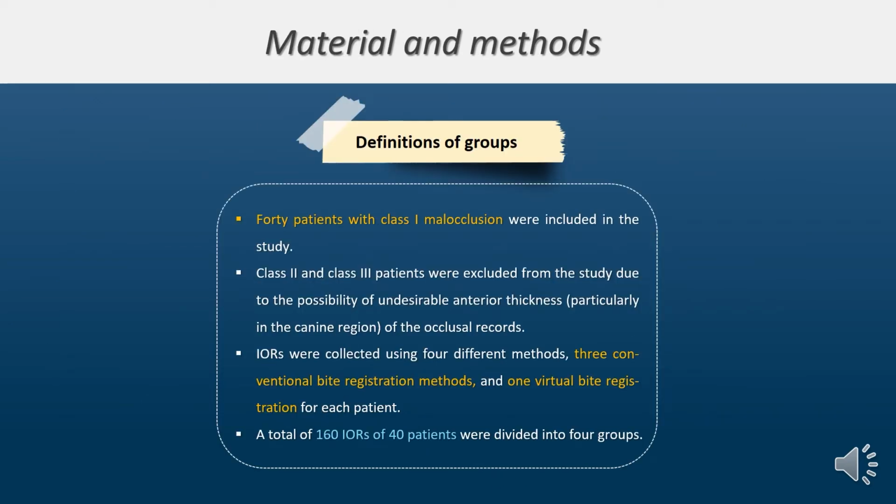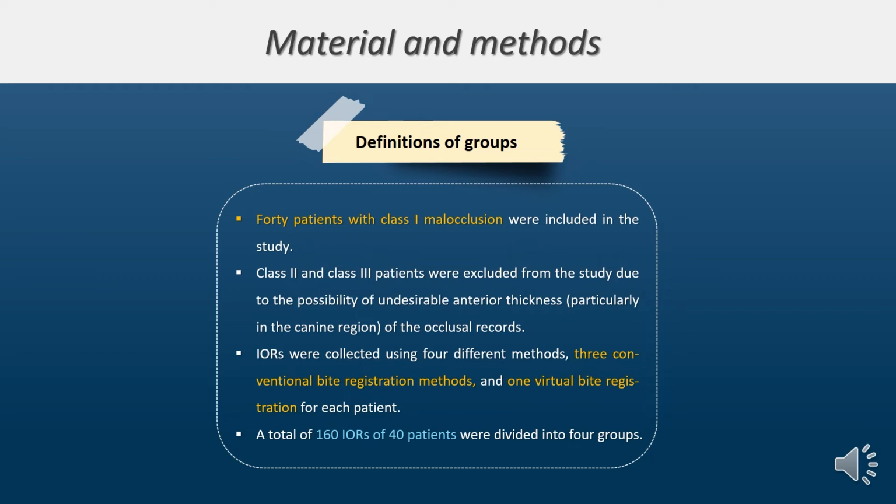40 patients with Class 1 malocclusion were included in the study. Class 2 and Class 3 patients were excluded from the study due to the possibility of undesirable anterior thickness of the occlusal record.